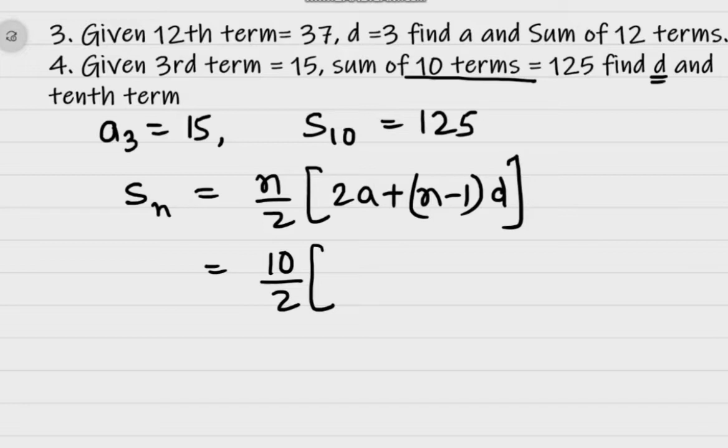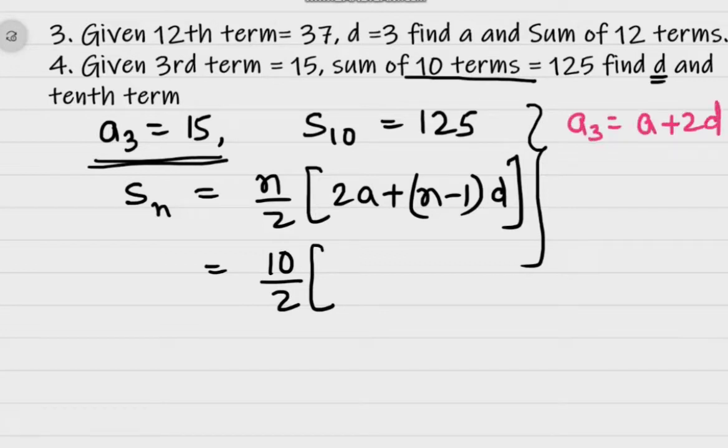So what we can do here is find the value of a by putting a3 equal to 15. So a3 will be equal to a plus 2d, isn't it? Now a3 is 15, which is equal to a plus, you don't know d also, so that will be a plus 2d only.